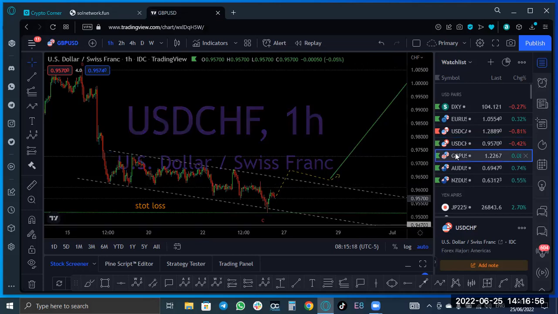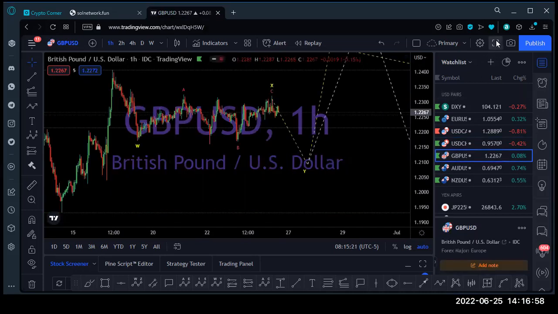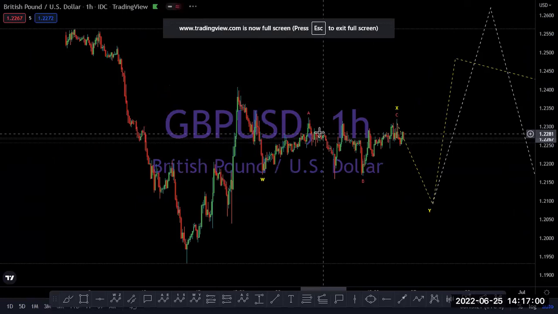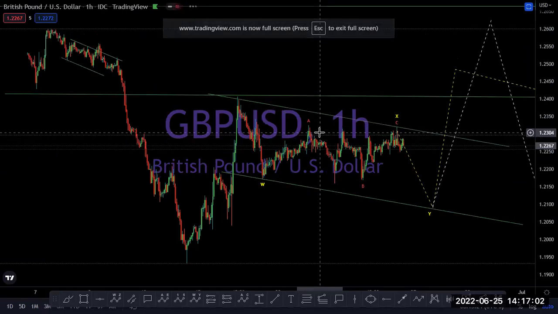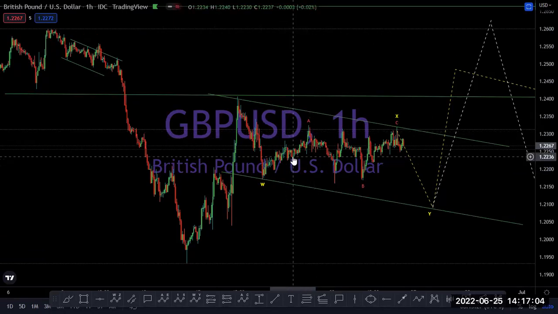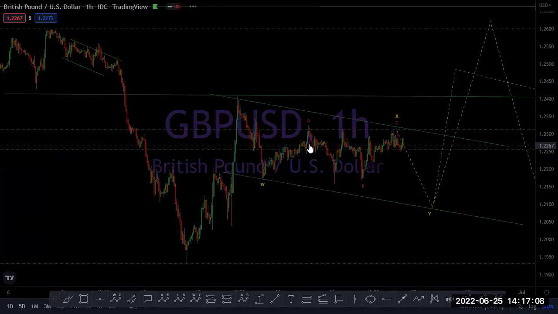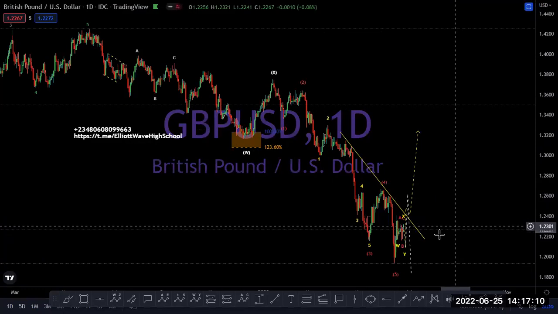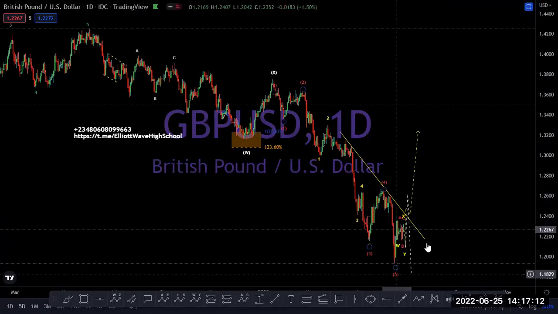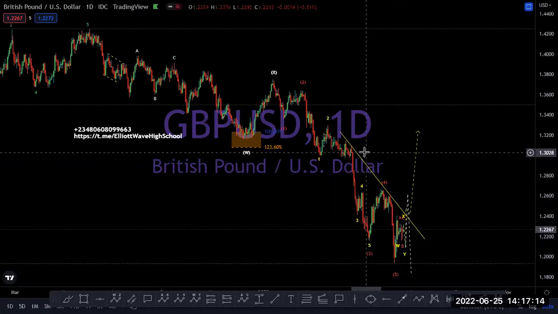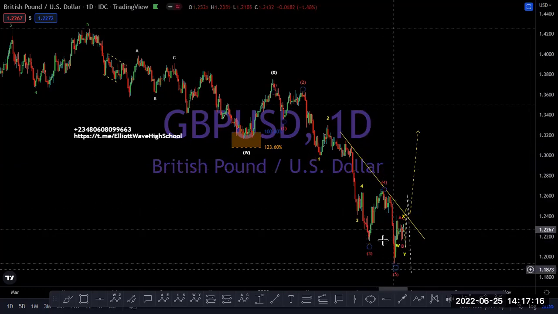Pound USD. Let's see daily. Again, we see the market has a complete structure.